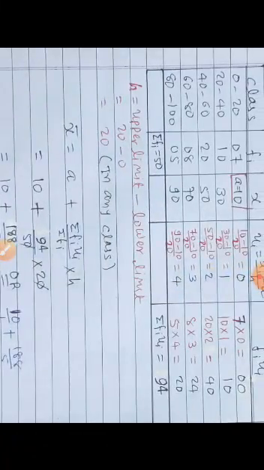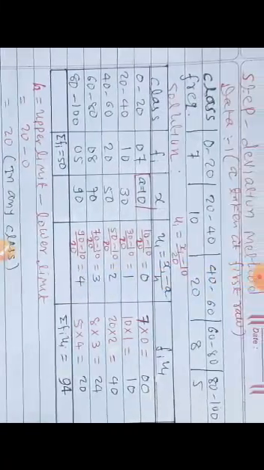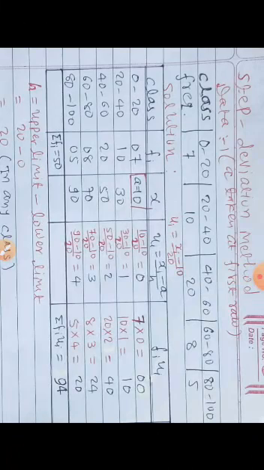Now I told you we will always take a in the first row. Even then, if you want to take a in the middle row, then also the answer will be the same, the method will also be mostly the same, but there will be negative values.